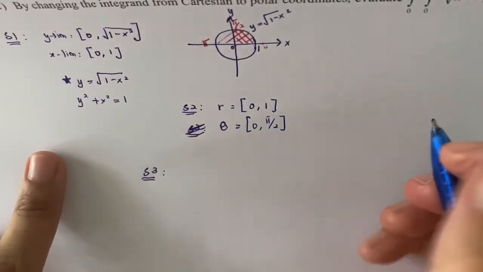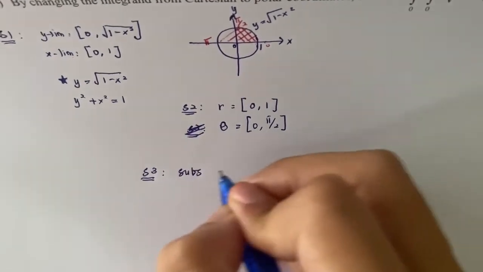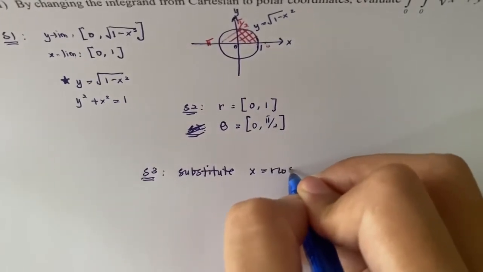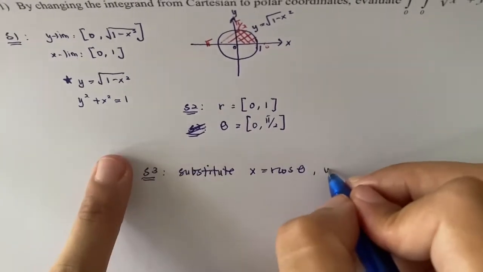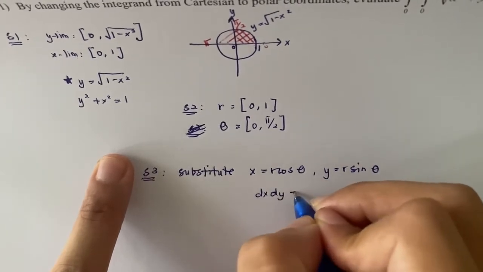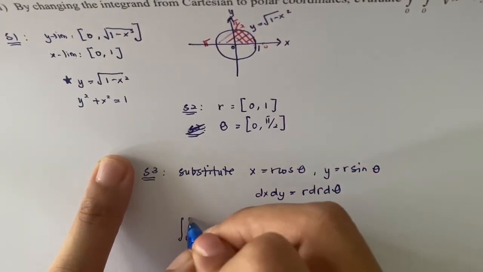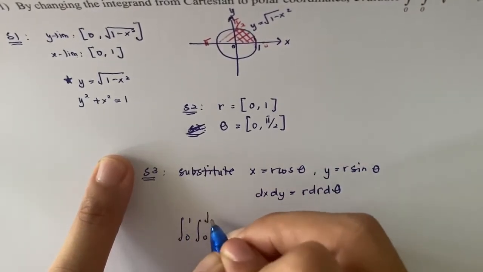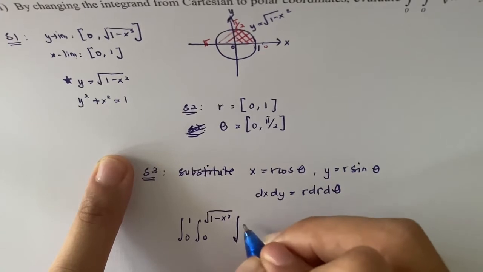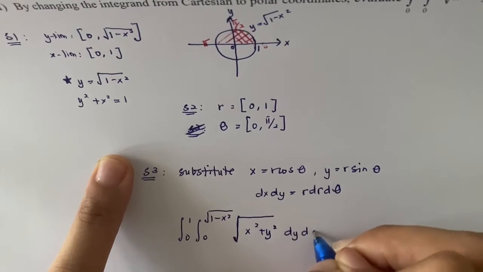And then the third step is to substitute. Substitute x equal to r cos theta, y equal to r sin theta, and dx dy equal to r dr d theta. So you have the double integral from 0 to 1, 0 to square root of 1 minus x square, of the square root of x square plus y square, dy dx.